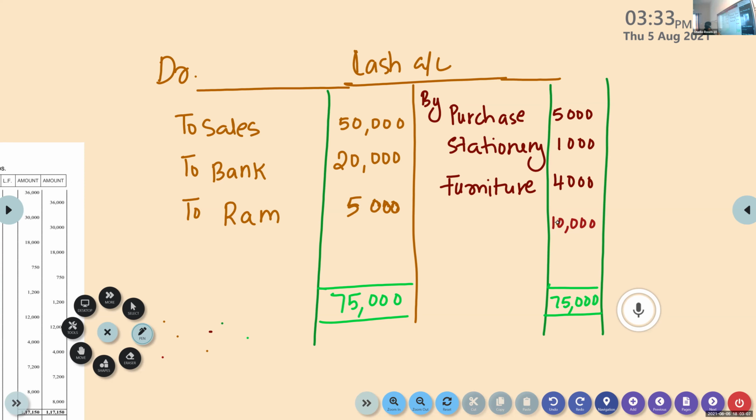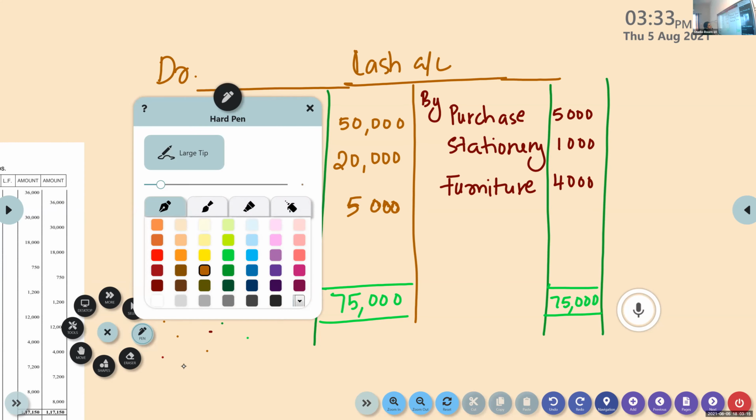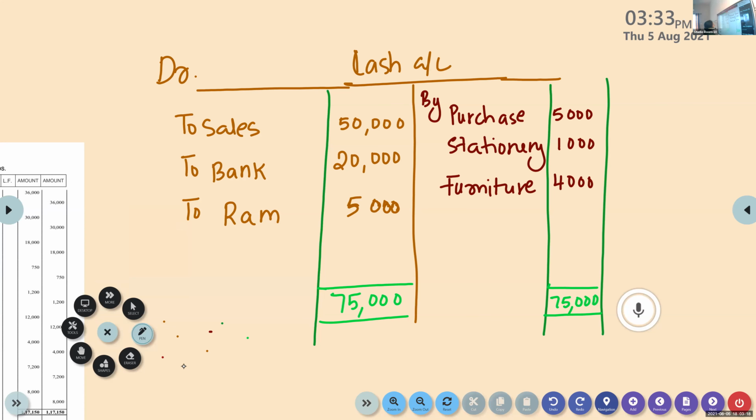Now, next step is which side is the lower one? It is the credit side. So we need to find out how much is the difference. Debit side total is higher, and we wrote it on both the amount columns. Now, what is the total of credit side? It was 10,000.